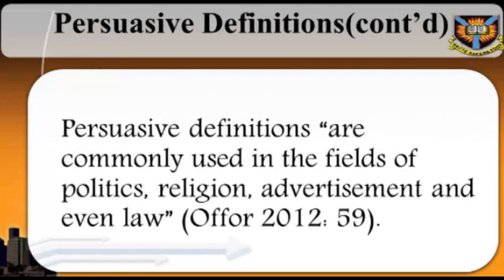Persuasive definitions are commonly used in the fields of politics, religion, advertisements, and even law. UFO 2012, page 59. For instance, politicians often use emotive language, especially during campaigns, with a view to stirring the emotions of their listeners.